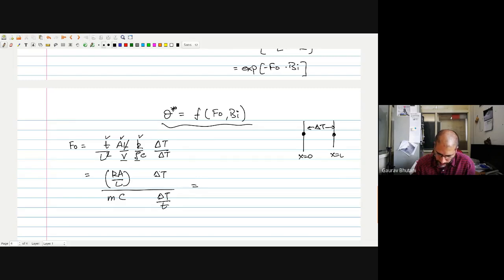Now this is my delta T, the potential difference, and this is my conductive resistance. That's k by L, which is 1 by R conduction. So that is the current, or the heat flux, sorry, the heat rate, the watts because of conduction. And this denominator is m c delta T by time, that is the rate of energy being stored.